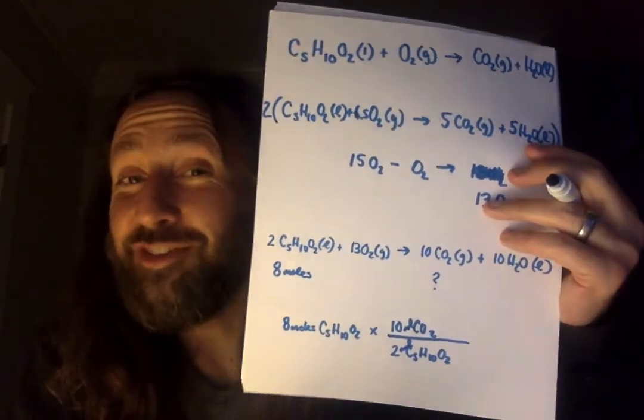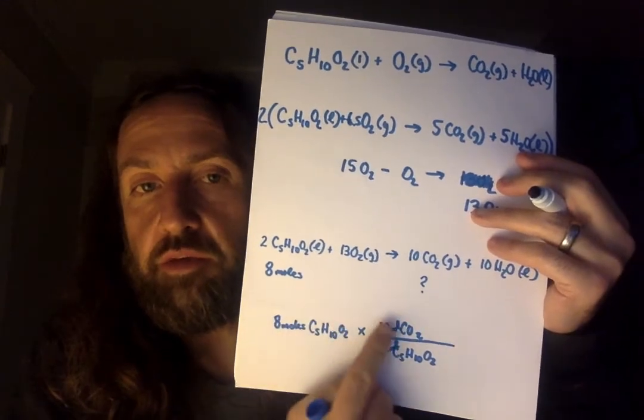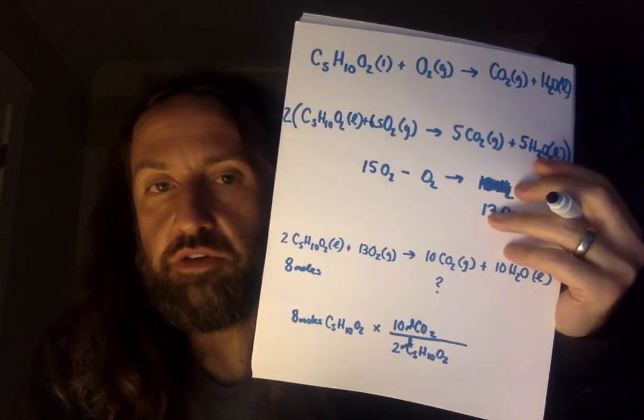And so it's really easy. So it's 8 times 10, which is 80, divided by 2, which is 40.